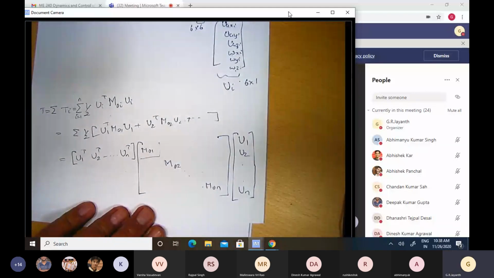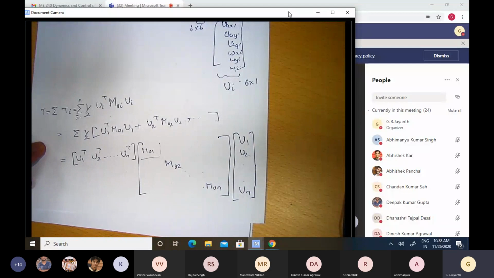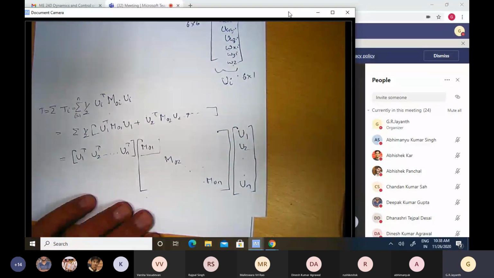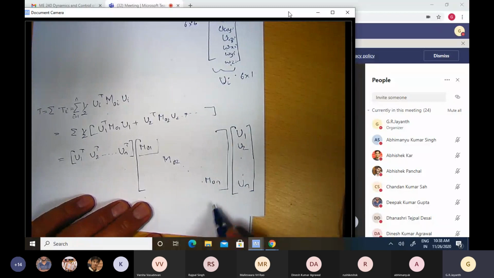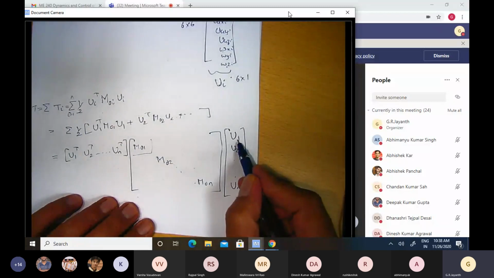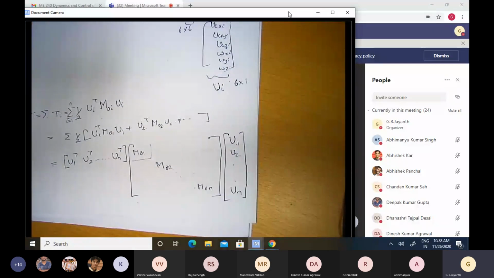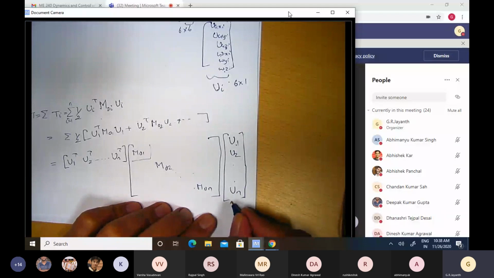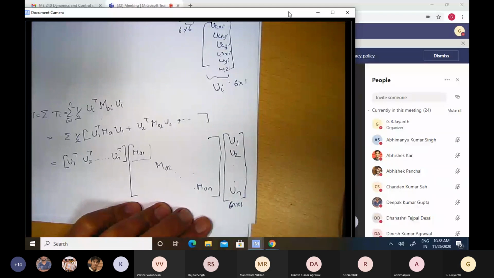Okay, I can represent the total kinetic energy in this particular form. Okay, what is the dimension of all of these things? So u1 has a dimension of 6 by 1, and I'm putting all these tall 6 by 1 vectors one on top of another. So the dimension of this will be 6n by 1, right?